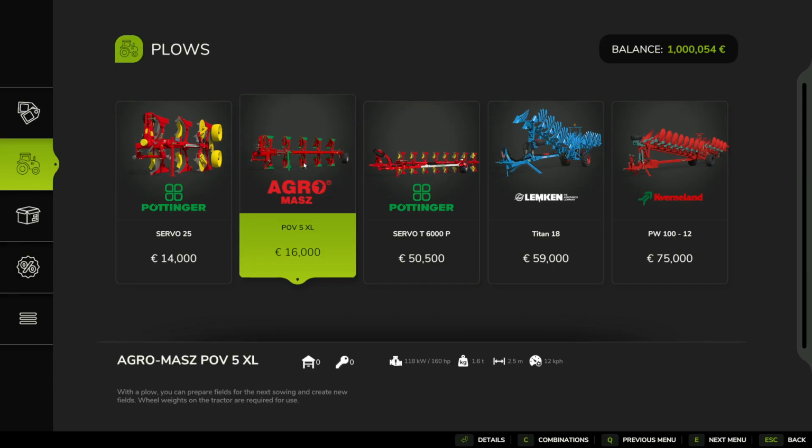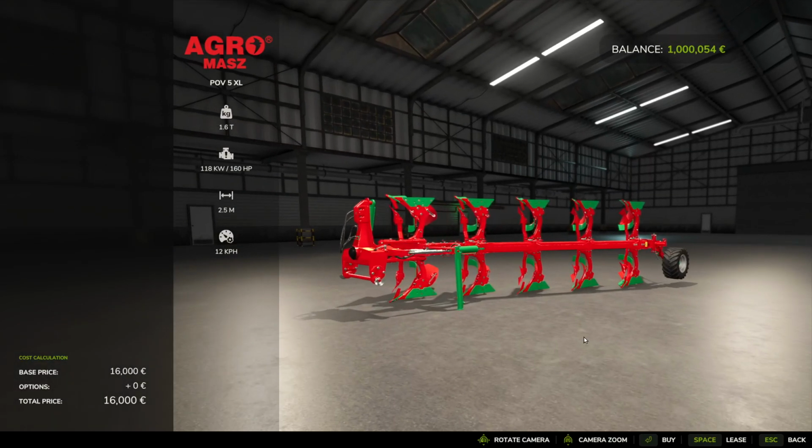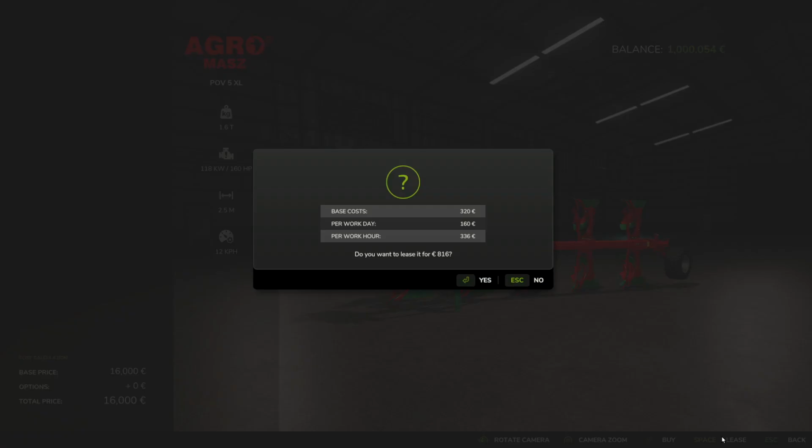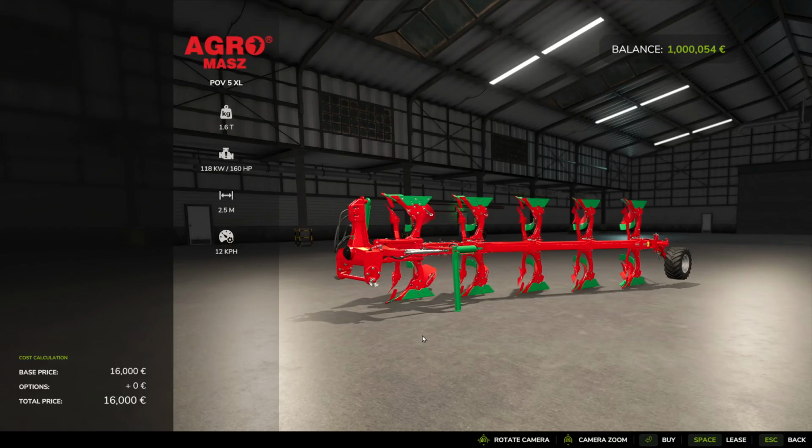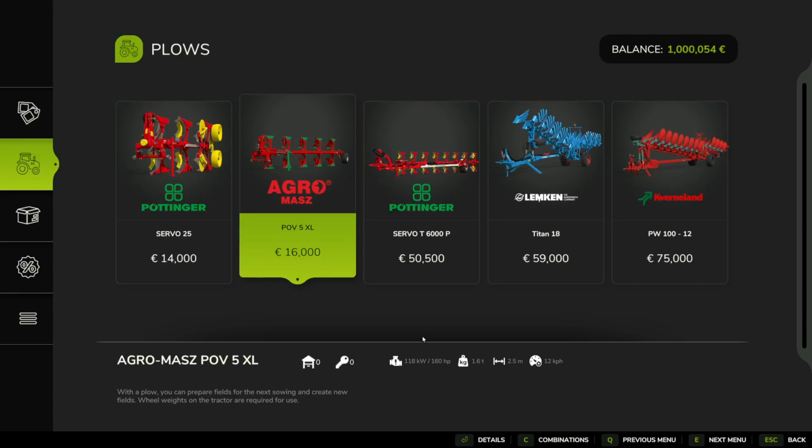And then you can just decide what you want to take. Maybe this one, it's a small one, it will take a while to use it, but it's rather cheap to rent. So when I double click here and go on lease, you only have to pay $816. So it's below $1,000 and therefore it's affordable.